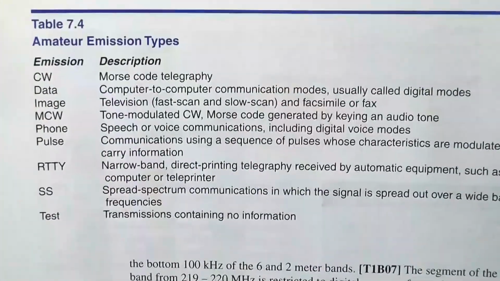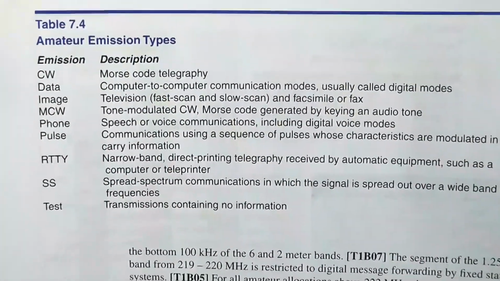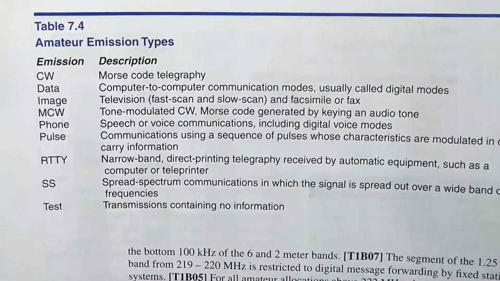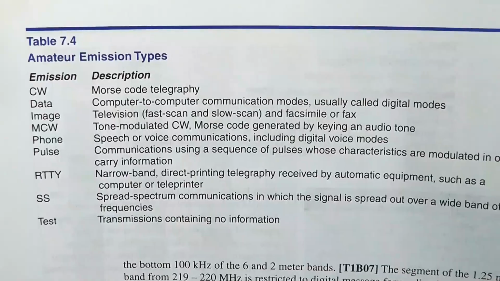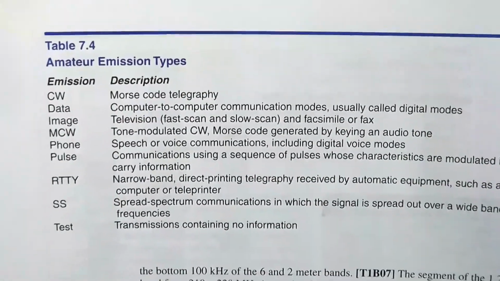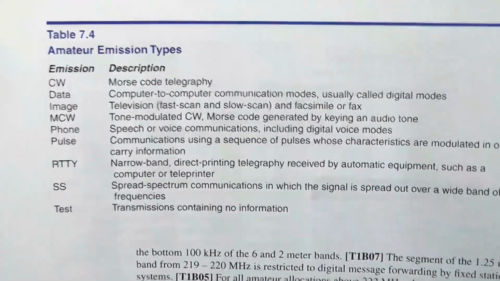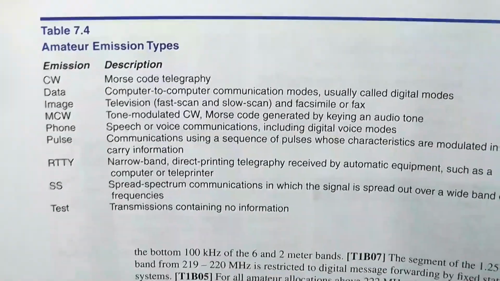Now, the amateur emission types that you see in the table here are common. CW we know, data we know, image are things like slow scan television and so on. Also fast scan television. And a lot of people are putting HD TV on 440.